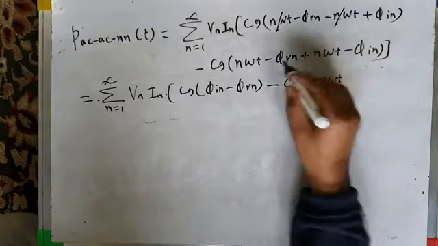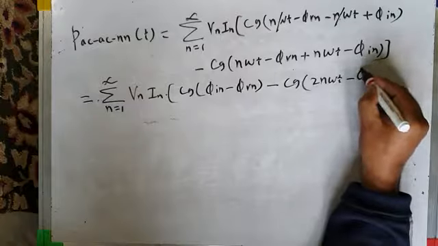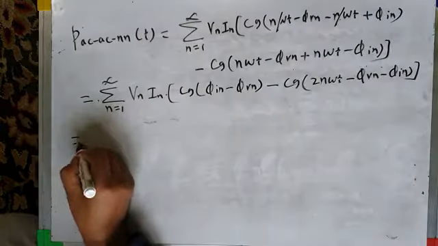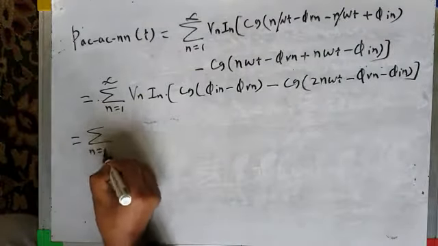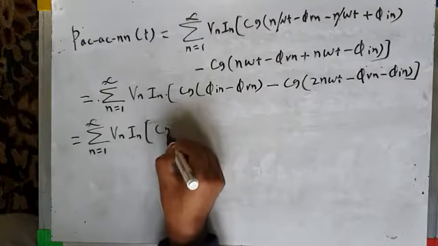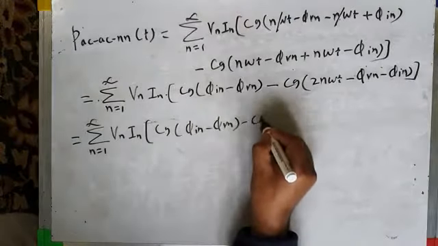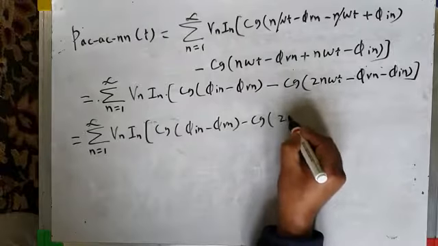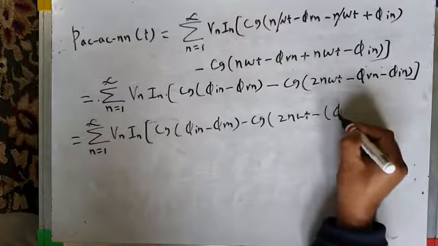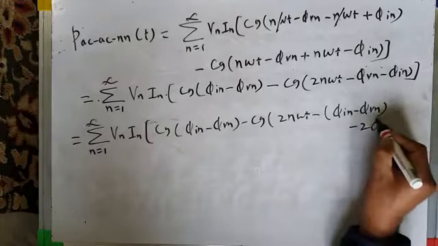Then I will write minus phi Vn minus phi In. So that is equal to summation n equal to 1 to infinity Vn In times cos of phi In minus phi Vn minus cos of 2n omega t minus, if I take minus out, I write phi In minus phi Vn minus 2 phi Vn.